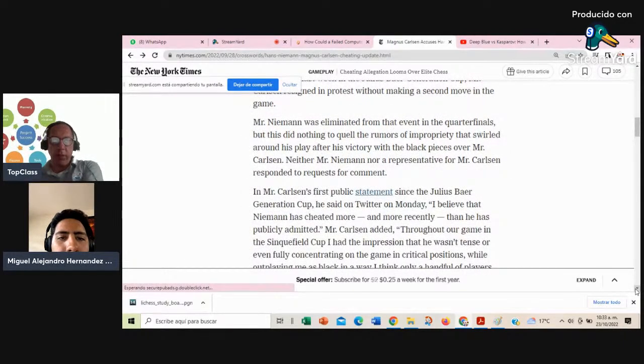Mr. Niemann was eliminated from that event in the quarterfinals, but this did nothing to quell rumors of impropriety that swirled around his play after his victory with the black pieces over Mr. Carlsen. Neither Mr. Niemann nor a representative for Mr. Carlsen responded to requests for comment.